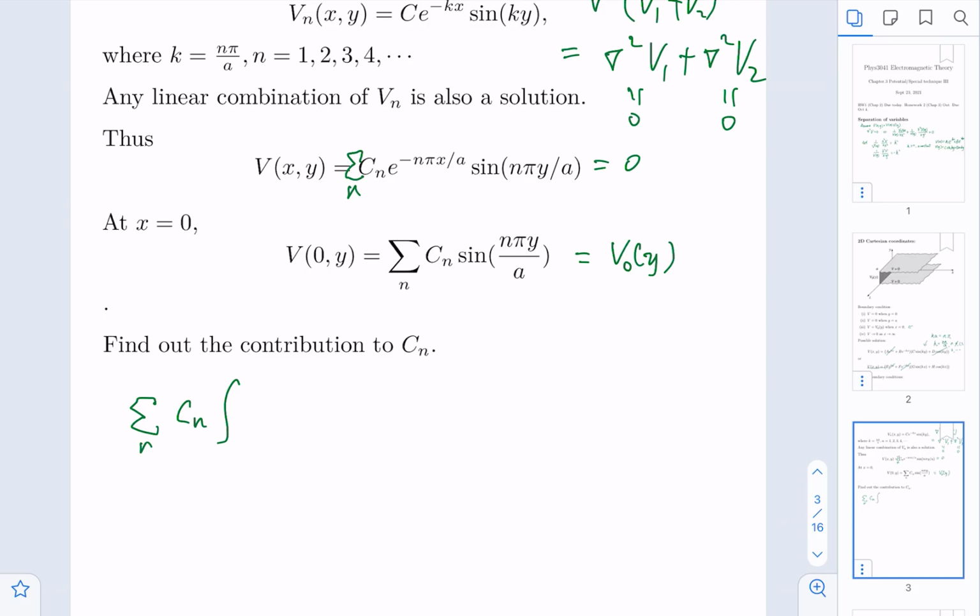Now we added this additional integral from 0 to a. And we copy down this n pi y over a first, and we want to add an additional term.